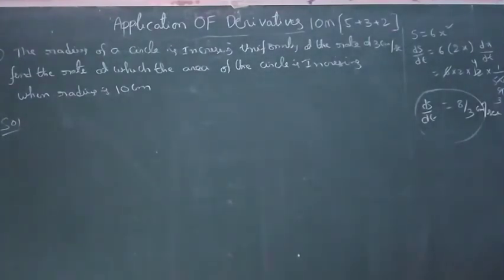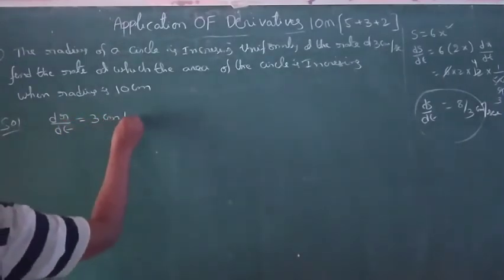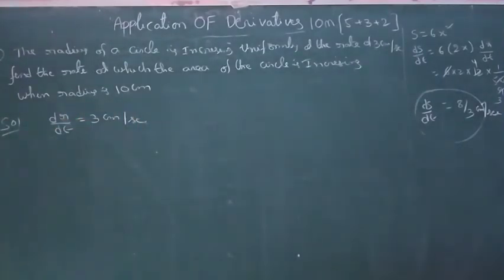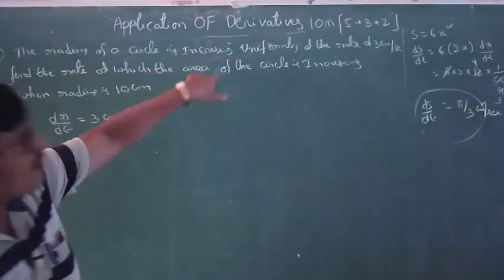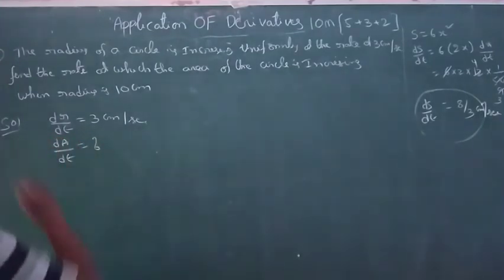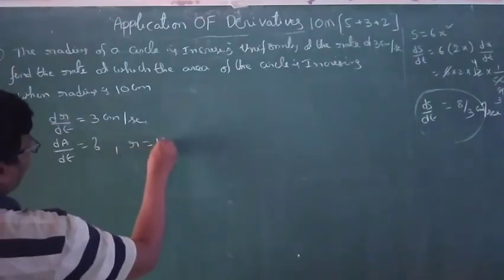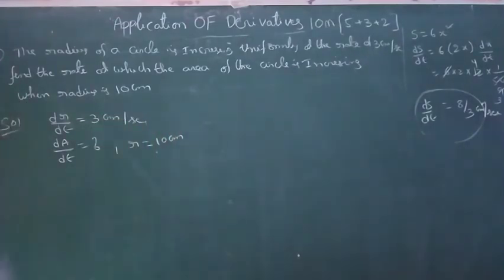What was given? The radius rate of change, dr by dt, is equal to 3 centimeters per second. Find the rate at which the area of the circle, dA by dt, is increasing when the radius r is equal to 10 centimeter.